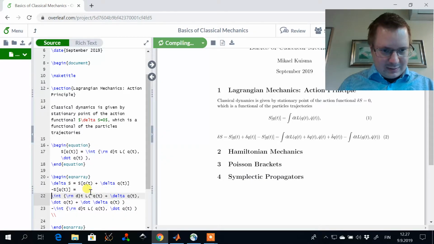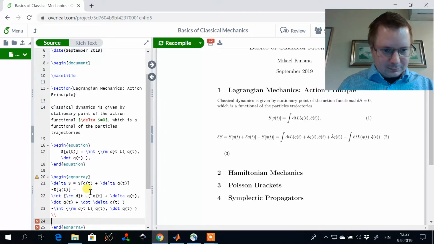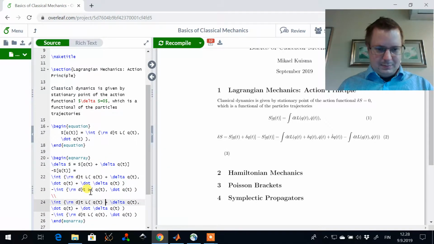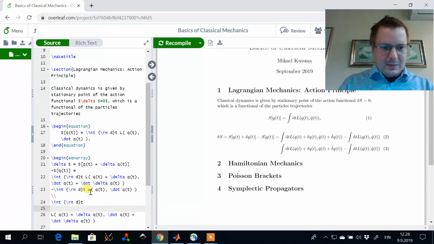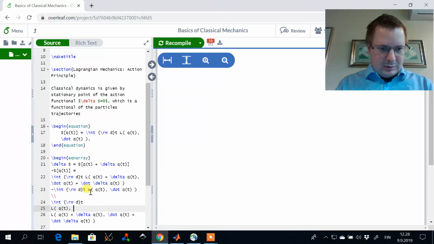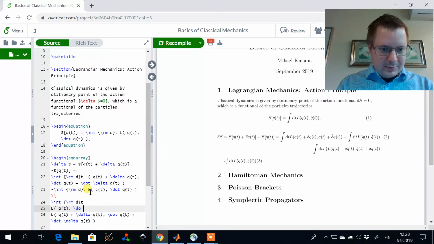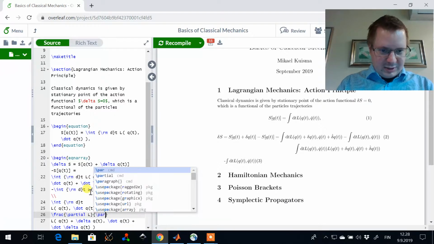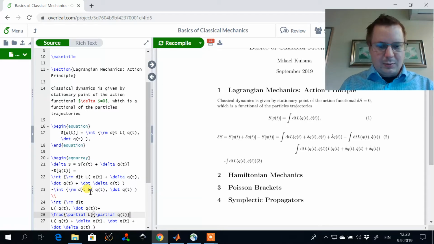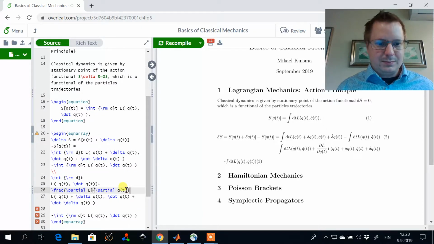So we have this thing here, and then we can write this thing in such a way that it's actually the old L, plus delta Q(t) times the partial derivative of L with respect to its first argument. Now this is where I warned you that one should not confuse this partial Q(t) and partial dot Q(t).